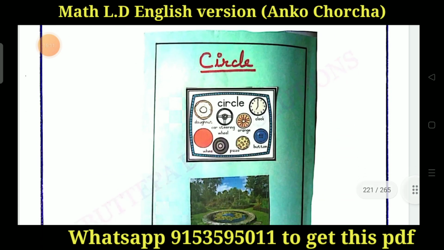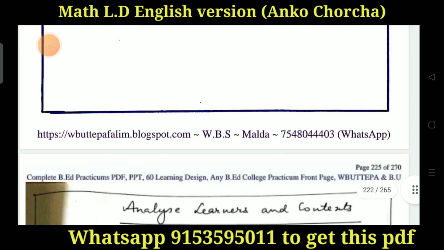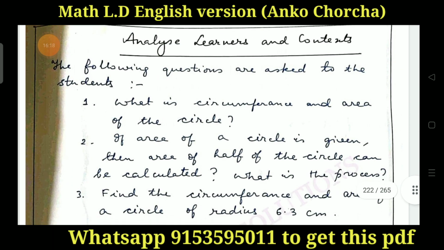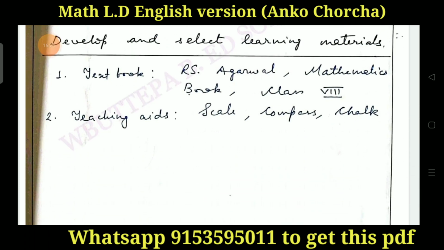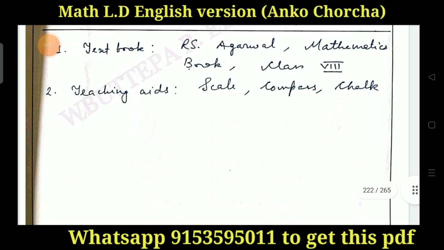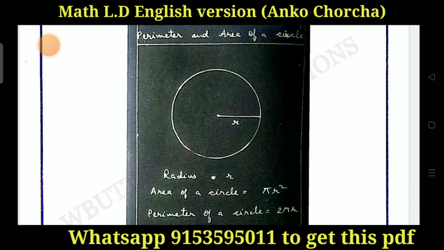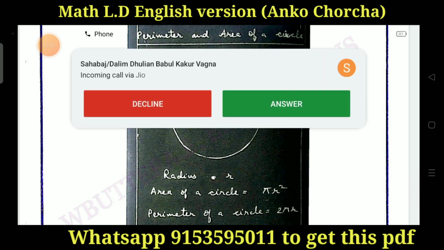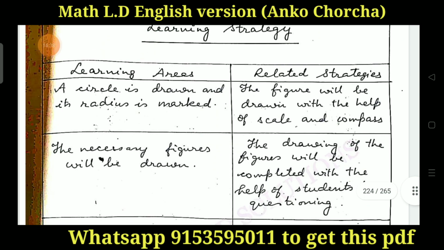There are some blackboard work, circle. Analyze learner and context, the following questions will be asked. Develop and select learning materials, textbook and teaching aids, there are some blackboard works. Learning strategies, learning areas and related strategies.